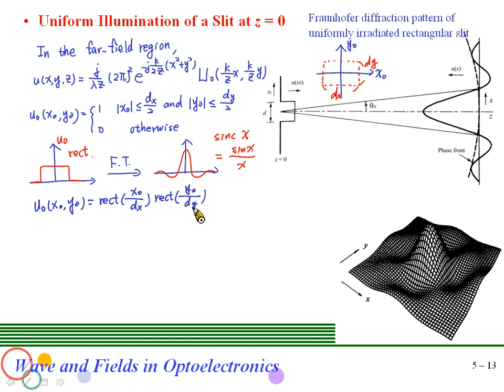So according to the Fourier transform of the rectangular function, we can write down the Fraunhofer diffraction of this initial amplitude, u of x, y, z, as the following expression.